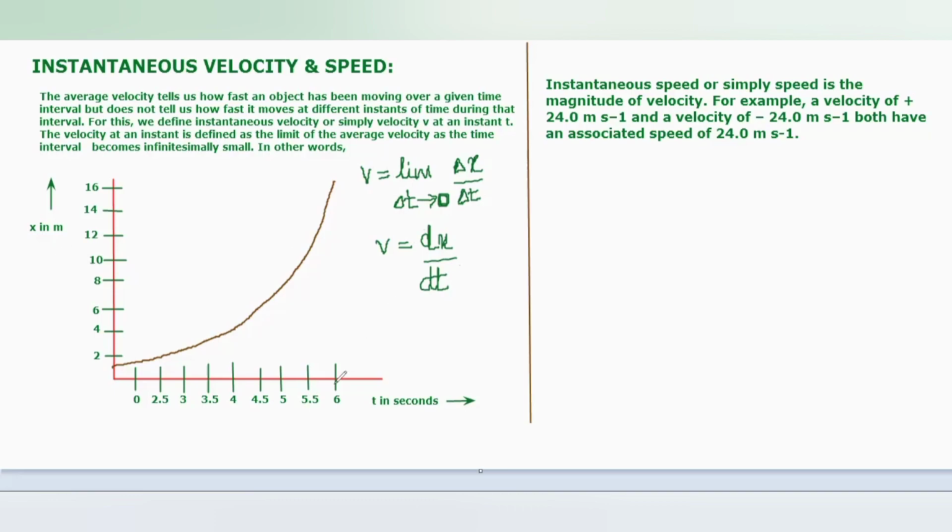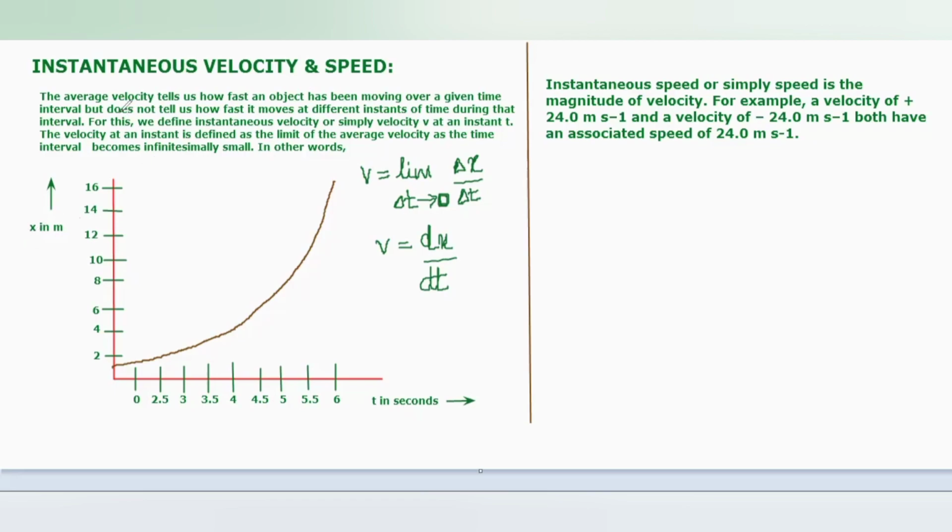So here an x-t graph is given. On the x axis, time t is taken in seconds. On the y axis, the position is taken.